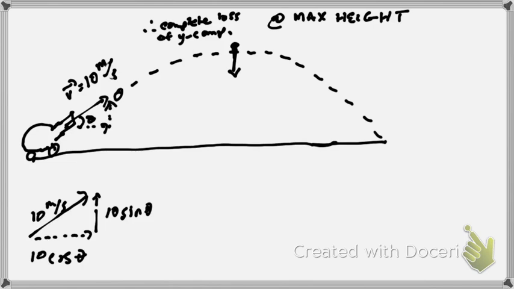So the y component no longer exists at the peak, which means that if you want to solve for height here, you can solve for height by using the height formula, right?